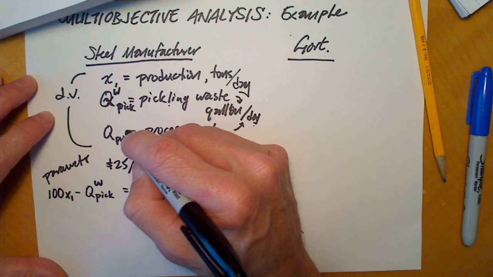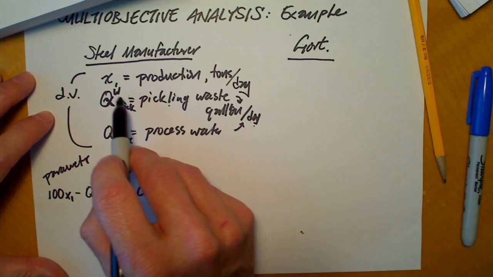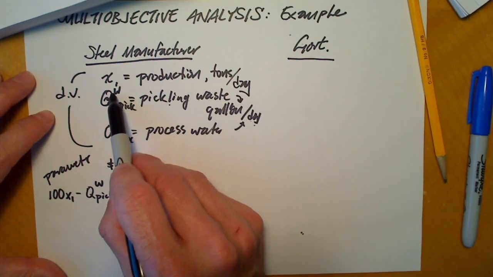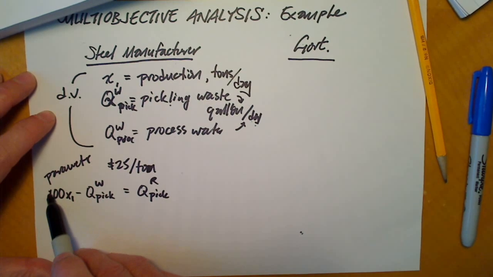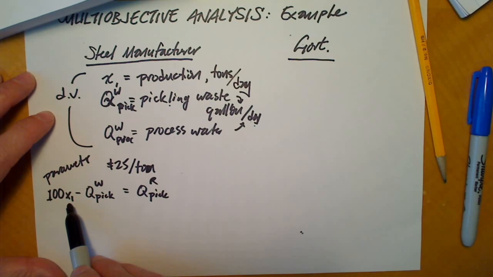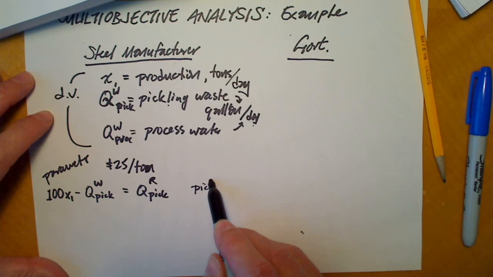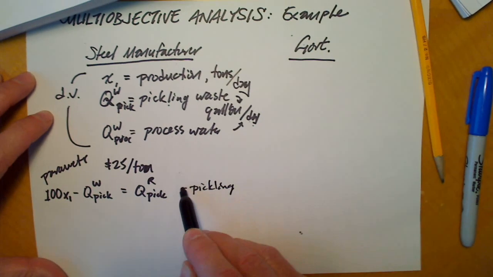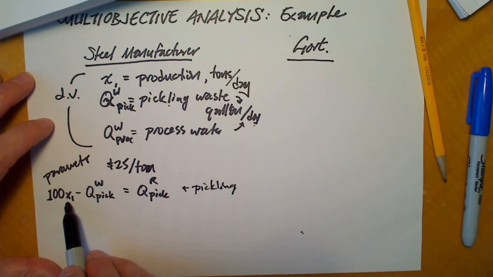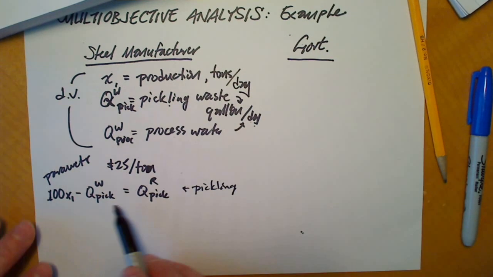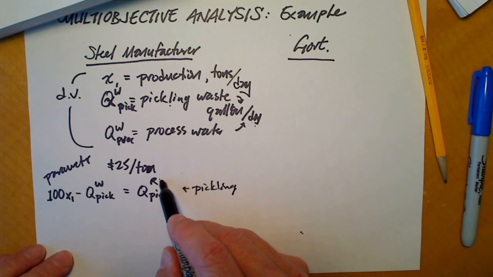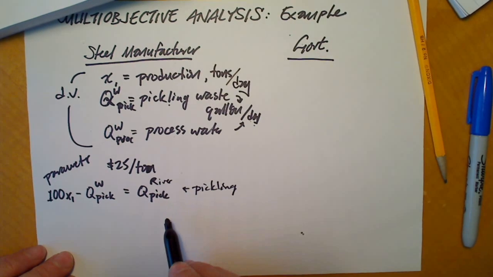I hope this makes sense to you. The design variable is the flow of pickling waste that goes to the wastewater treatment plant. 100 gallons per ton pickling waste, this is for pickling waste, times the number of tons produced, minus the amount of pickling waste that goes to the treatment plant, that's what winds up in the river.